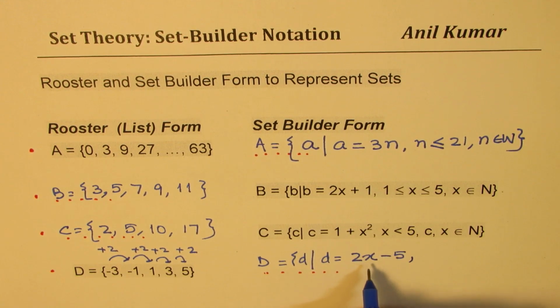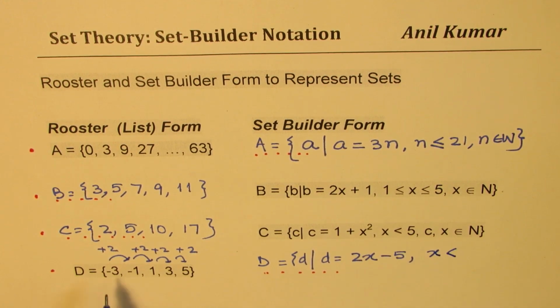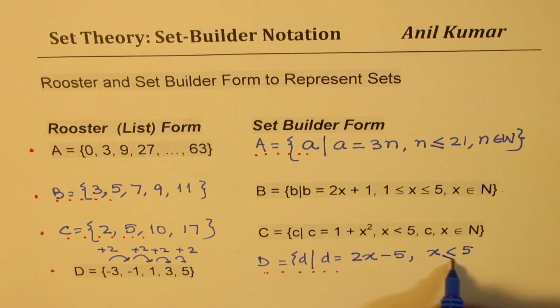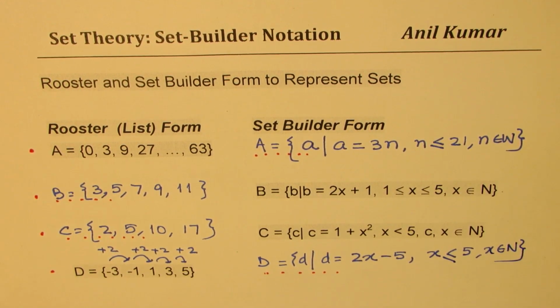If we are taking x as a natural number, we can say x is between 1 and 5, less than or equal to 5, and x belongs to the set of natural numbers. Does that make sense? So that is how we can write the given form in set builder form.